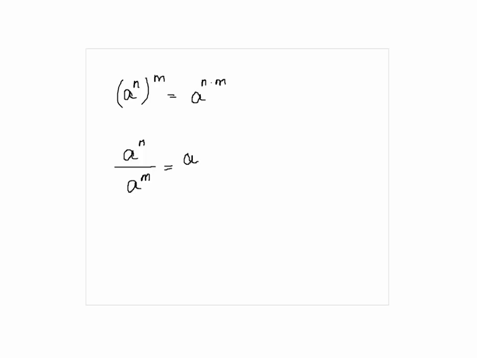Okay, yeah, but what do you think? That would be a to the power of, very good, n minus m. And again, remind you that this goes to the top of the fraction, like this.